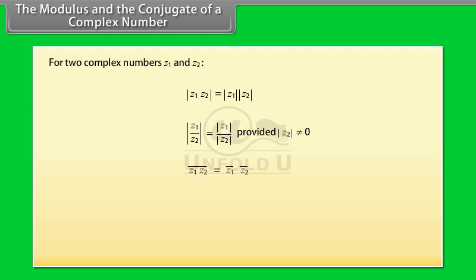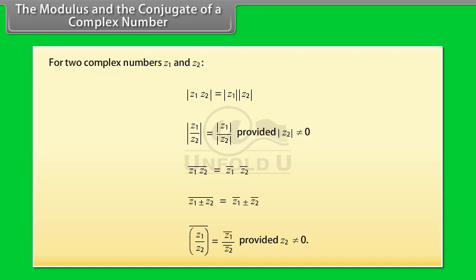Complex conjugate of product of z1 and z2 is equal to complex conjugate of z1 into complex conjugate of z2. Complex conjugate of z1 plus minus z2 is equal to complex conjugate of z1 plus minus complex conjugate of z2. Complex conjugate of z1 by z2 is equal to complex conjugate of z1 by complex conjugate of z2 provided z2 not equals to 0.